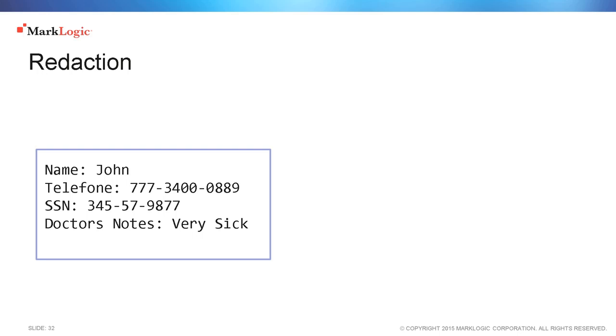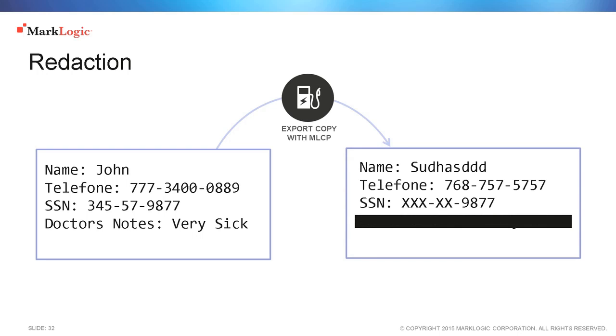So for a developer, I just want to export data from that database using MLCP, but I need some information there, but not the real information. So I'm applying 3 types of rules here. The first one, I just generated a random string. The second one, a random phone number, and the last one I masked. So I'm masking. I still have the last 4 digits, but I masked the other. So 3 rules here.